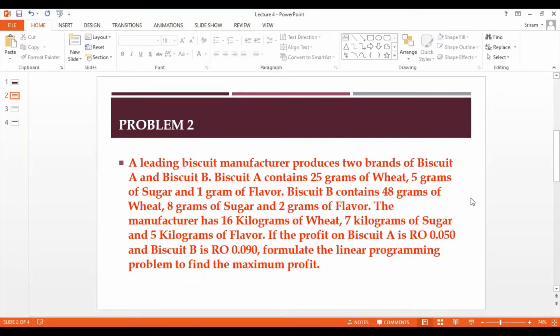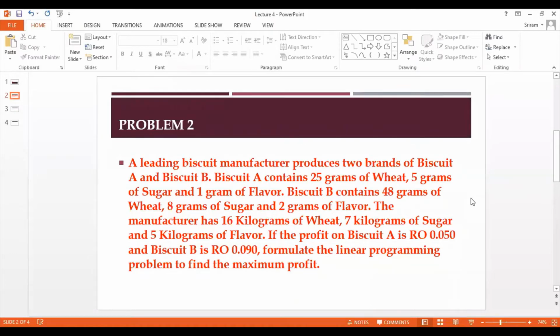Biscuit B contains 48 grams of wheat, 8 grams of sugar, and 2 grams of flavor. The manufacturer has 16 kilograms of wheat, 7 kilograms of sugar, and 5 kilograms of flavor.